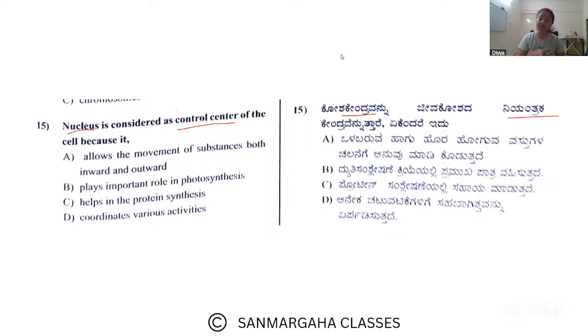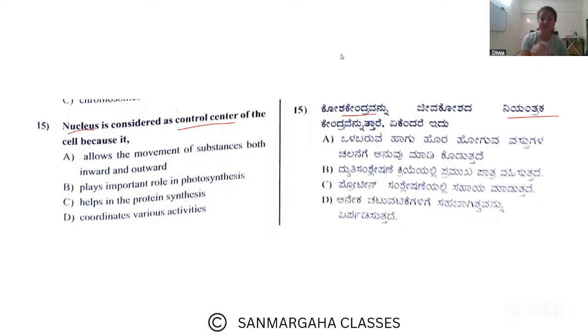So is the nucleus responsible for synthesizing proteins? Think for a while. And the last one, it coordinates various activities. Now think, which option better suits here?